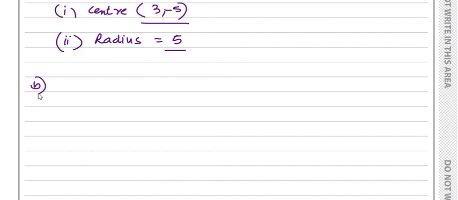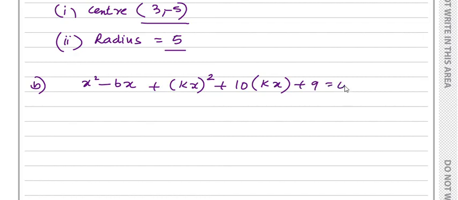So in part b, we are going to replace all the y's with kx. Okay, so x squared minus 6x plus (kx) squared plus 10 bracket kx plus 9 is equal to 0. What I did is I replaced all the y's with kx. Okay, so now a little bit of work is here.